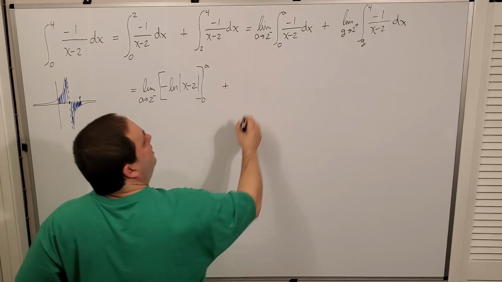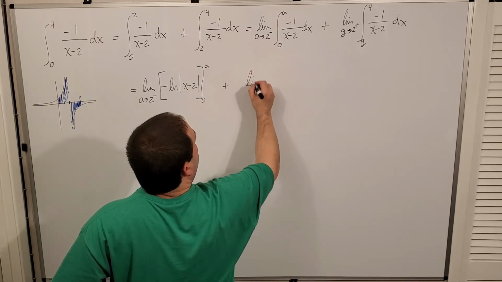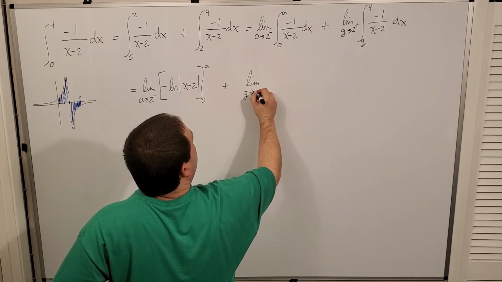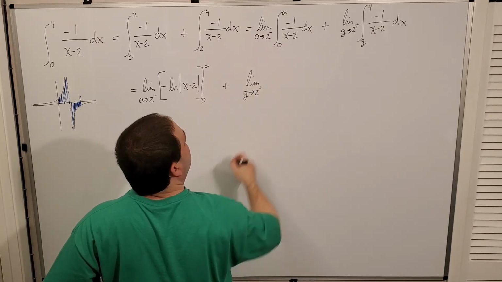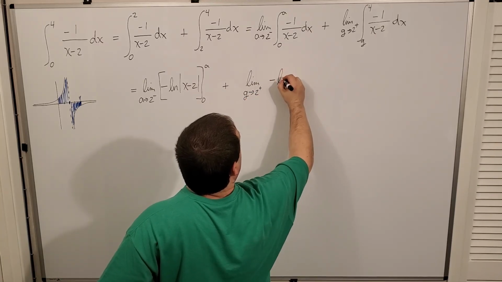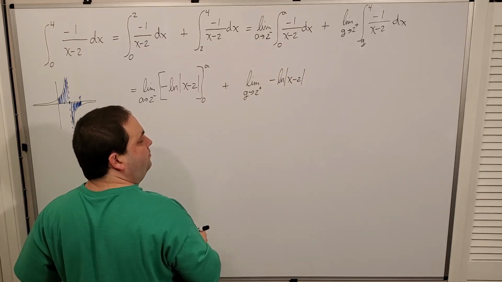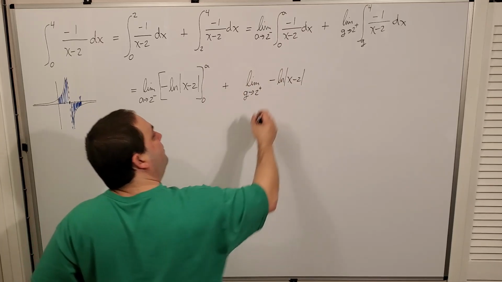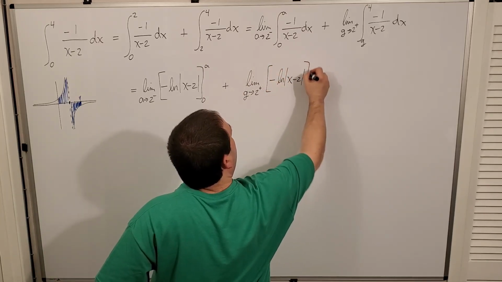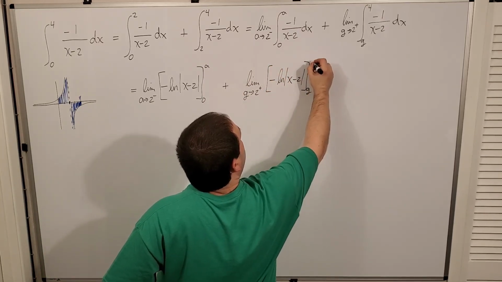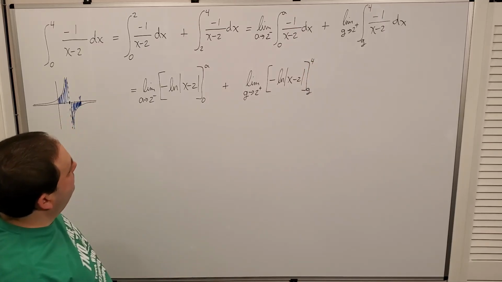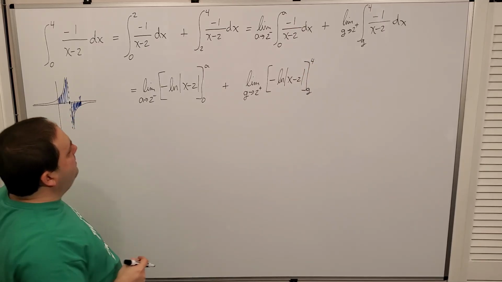Plus, I still have the limit as g approaches 2 from the right. I'm going to have the negative ln, absolute value x minus 2, like so. It's the same antiderivative. And then this is going to have to be evaluated from g to 4. Okie dokie.